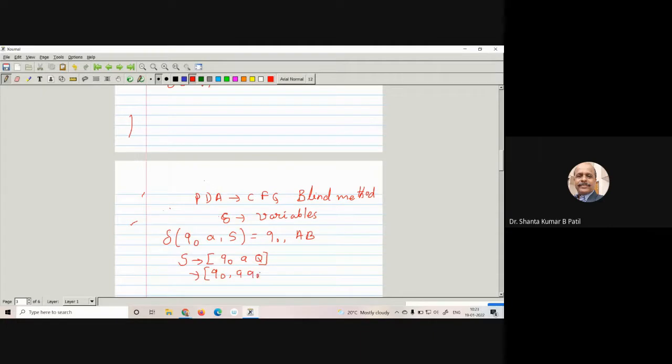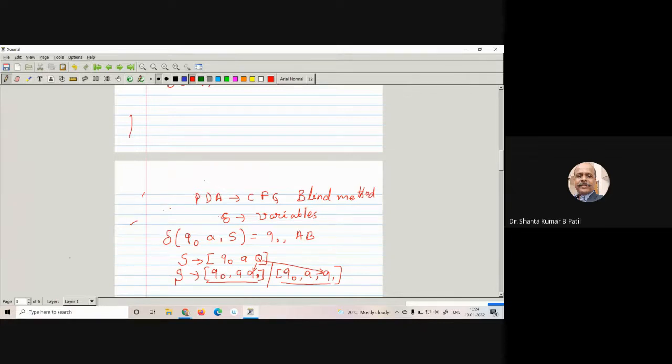One time you can substitute q naught, and the second time you can substitute q1, so q naught a q1. In the PDA, at most you can find q naught as well as q1. Therefore, for the starting symbol S, one time you replace it with q naught and the second time with q1. Hence, for the starting variable S, you find two productions. One production is this, and this is the second production.